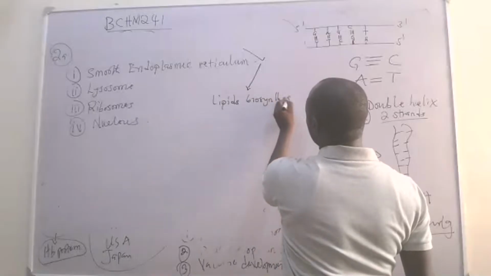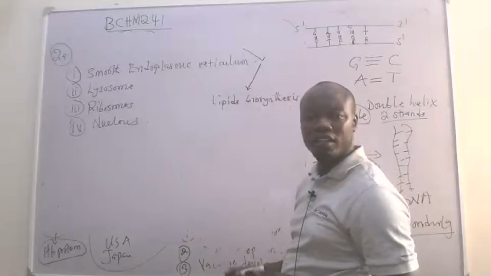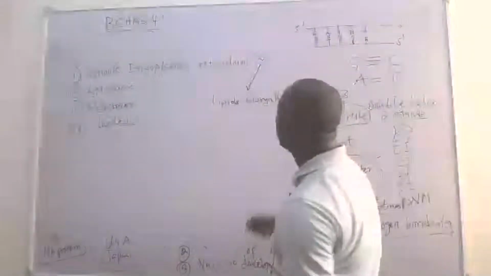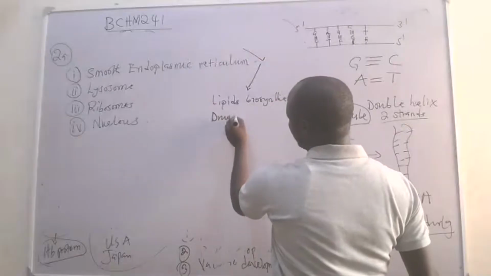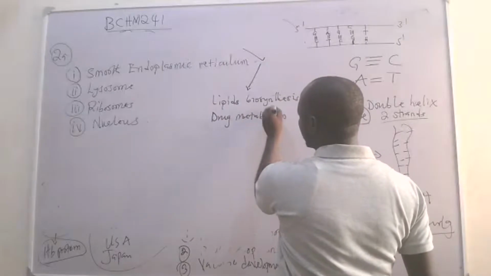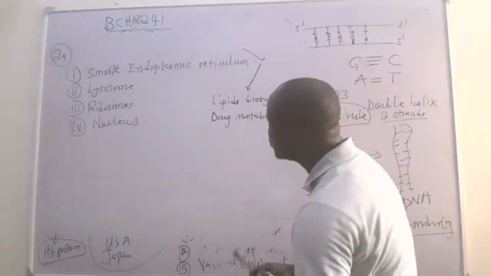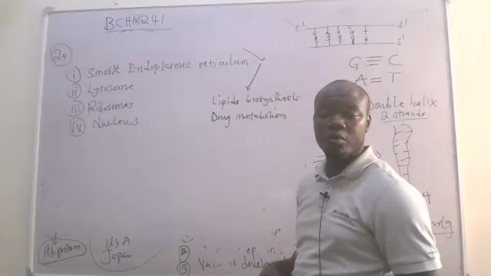It is the organelle of the cell where lipids can be produced, that is number one. And then apart from lipid biosynthesis, also drug metabolism. These are two major functions of smooth endoplasmic reticulum of a cell.